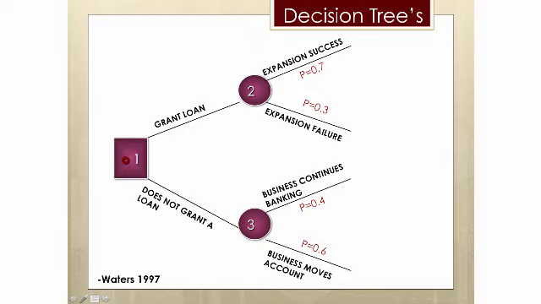If there's a 0.6 chance that the business may move its account, it means that there is a 0.4 chance or probability of the business continuing its banking with that selected bank. This clearly conveys the example.